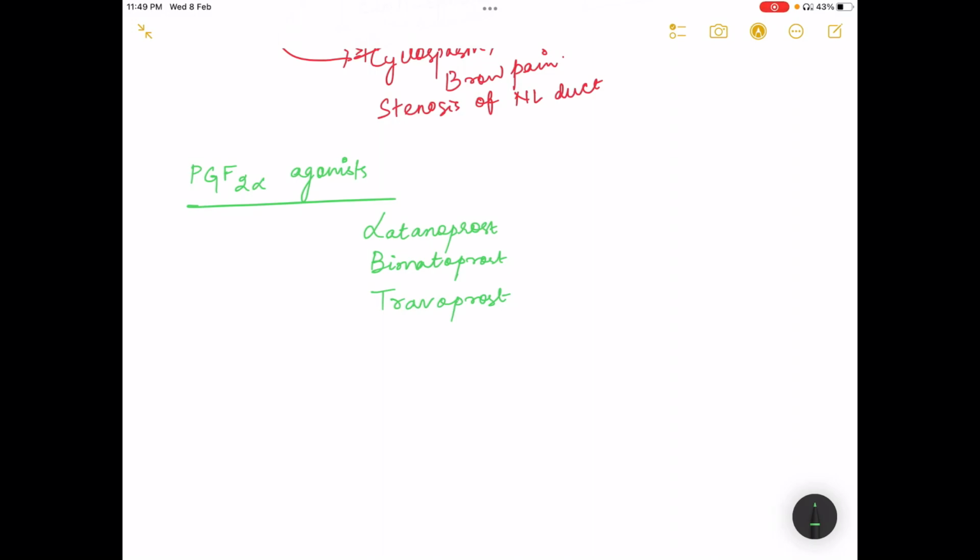Now, what are the side effects of these PGF2 alpha agonists? Remember by the name PGF. P is for pigmentation of iris, otherwise known as heterochromia iridis. G is for growth of eyelashes, that is hypertrichosis.